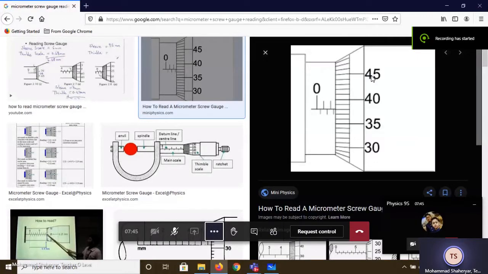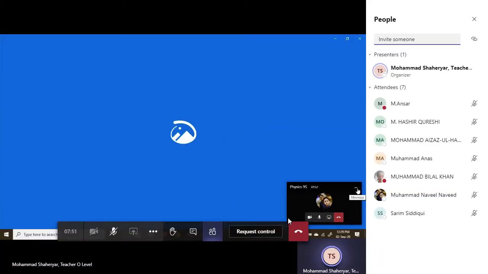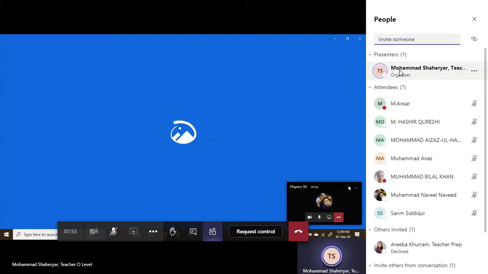Part of what we call a screw gauge. We are only showing a small section. I'm going to show you in a moment.